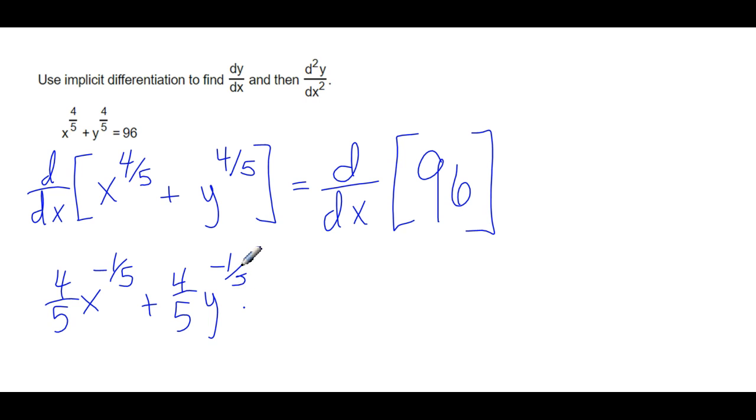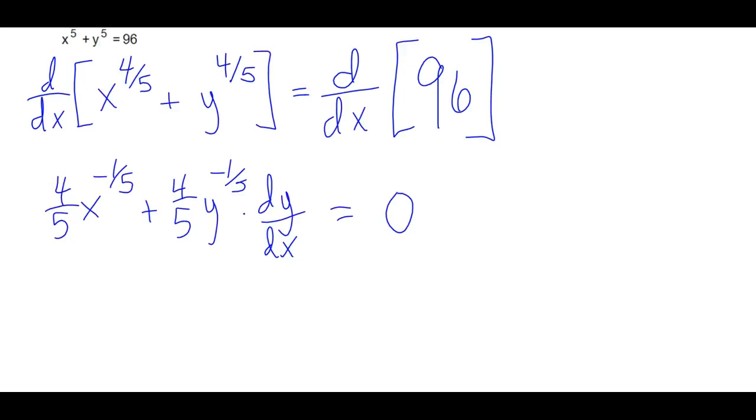So we're treating y as if it's dependent upon x, so we need to chain on a dy/dx, or you can use y prime, that's fine. And then the derivative of a constant with respect to any variable is 0. So there's our first step.